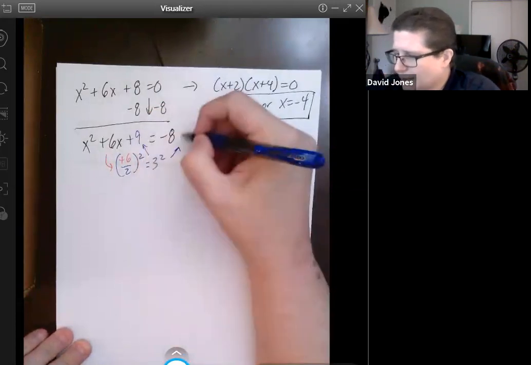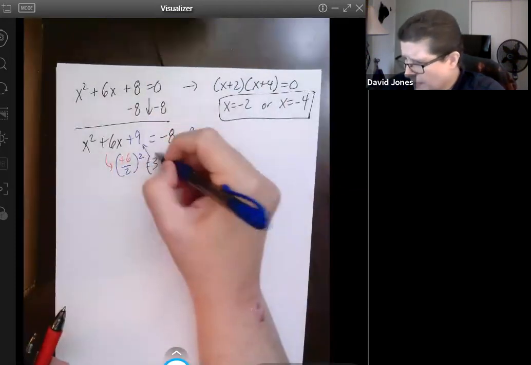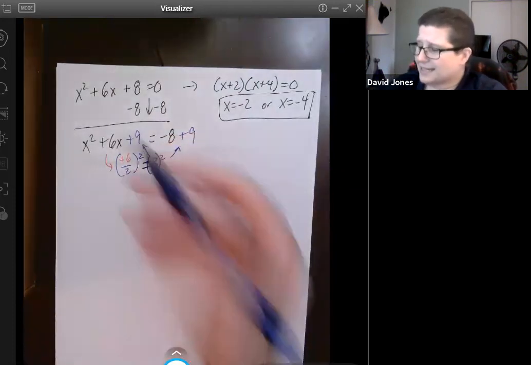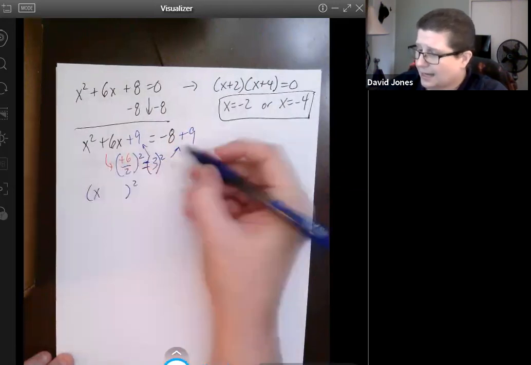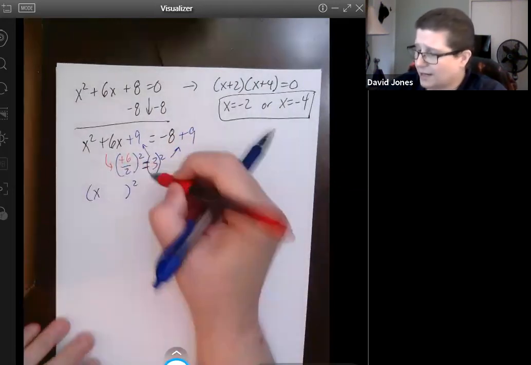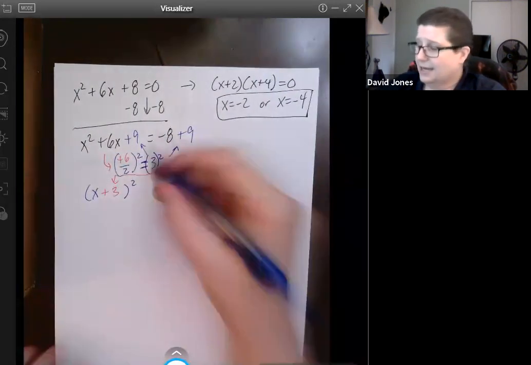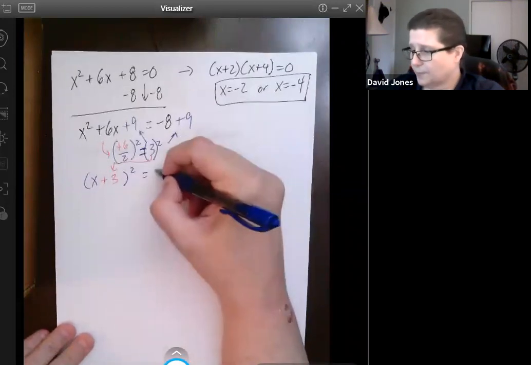Plus 9 there, plus 9 there. On the left-hand side, I can jump straight to the parentheses. x, and then I'm going to take this value right here, the 3, put it right there, plus 3, equals, the right-hand side is -8 plus 9, which is 1.